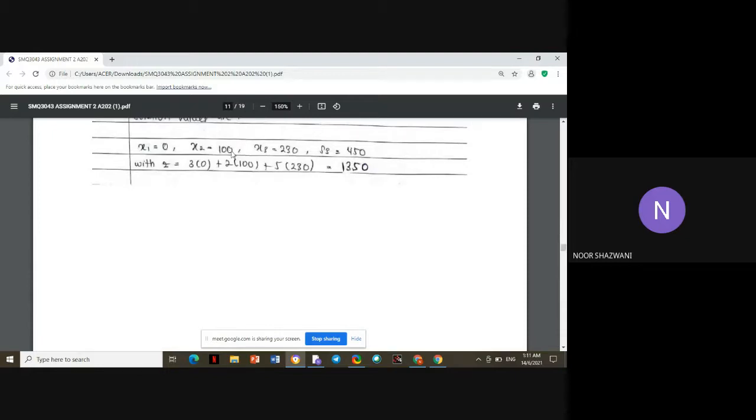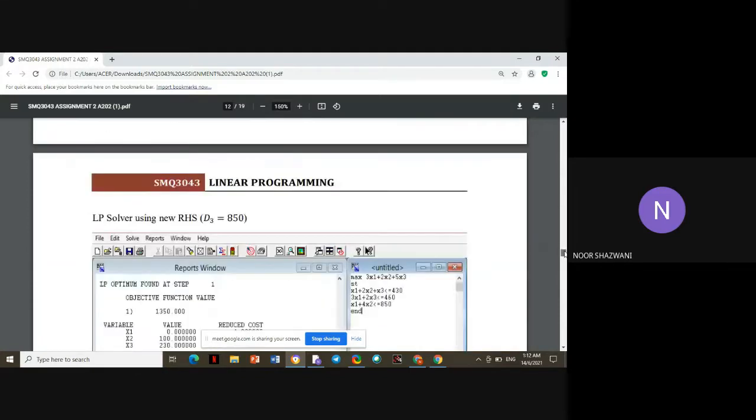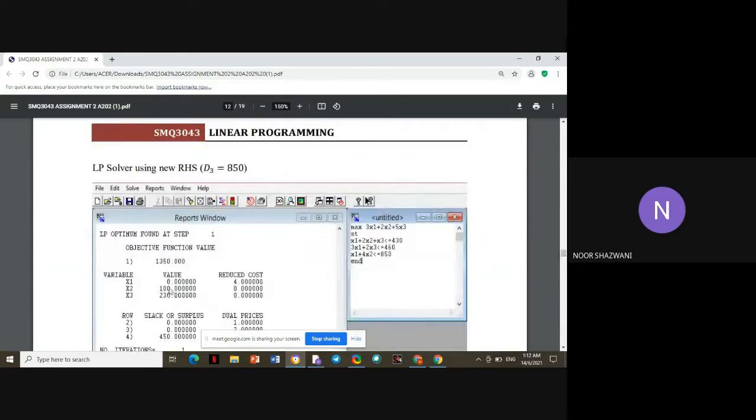And then for the X values, X1 equals 0, X2 equals 100, X3 equals 230. I also get the same answer with the LP solver, this one, 0, 100 and 230.